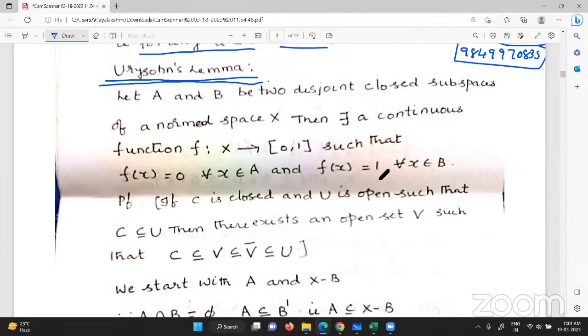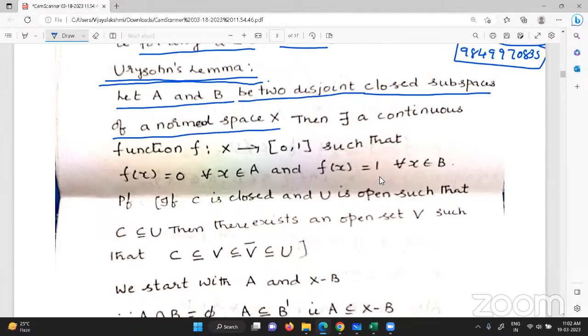Then Urysohn's lemma. First of all, before learning Urysohn's lemma, you should have an idea of T1 spaces, Hausdorff spaces, regular spaces and all. See here. Let A and B be two disjoint closed subsets of a normal space X. Two disjoint closed sets can be separated by two disjoint open sets.